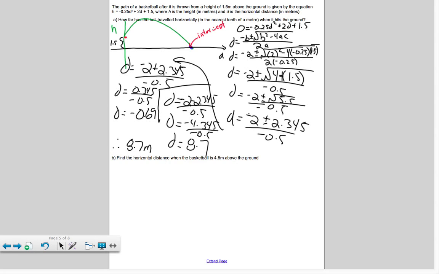Now the next question is: find the horizontal distance when the basketball is 4.5 meters above the ground. Now, how do we solve that?